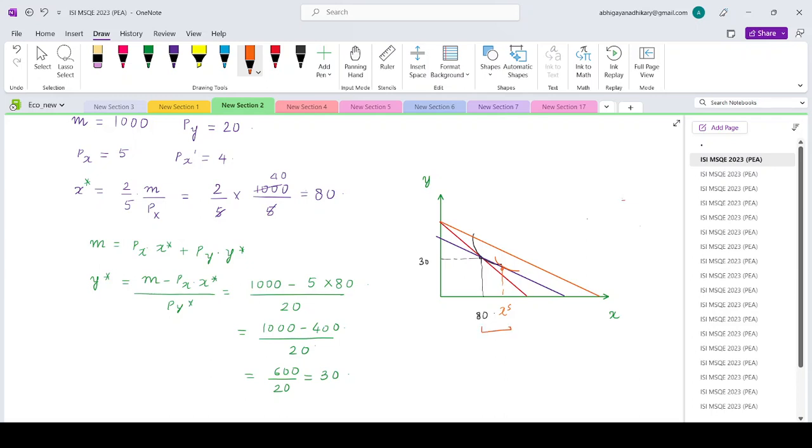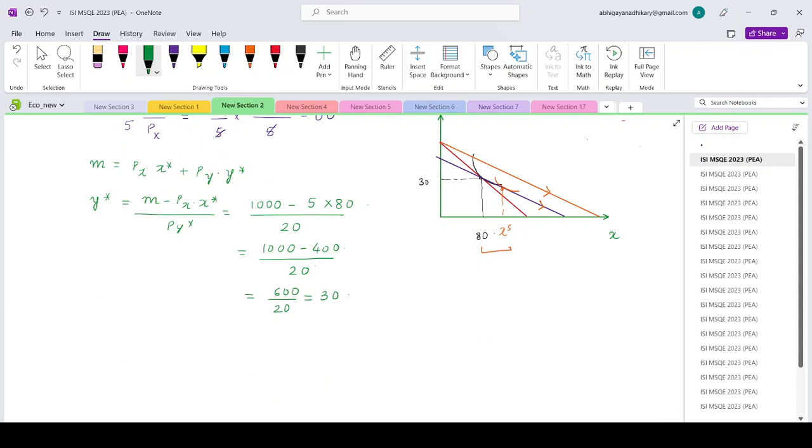Now in order to get to this new budget line, this parallelly shifted budget line, what we need to know? We need to know the expenditure that is represented by this parallelly shifted budget line, M dash.